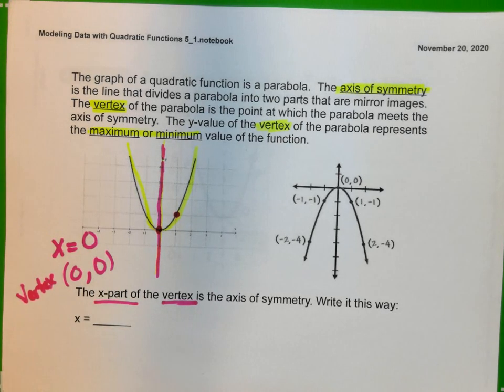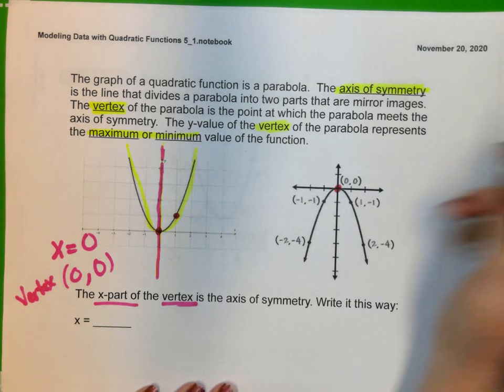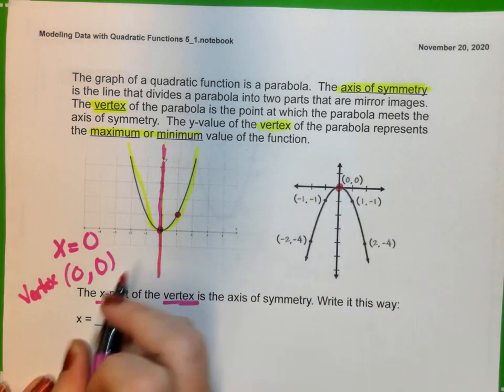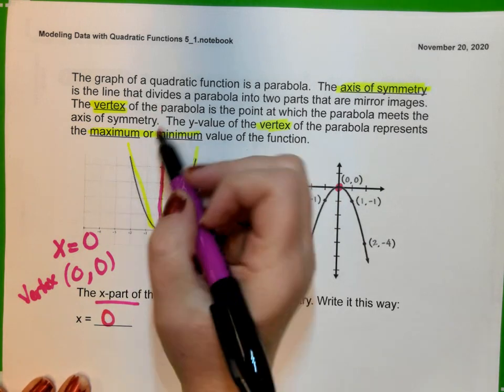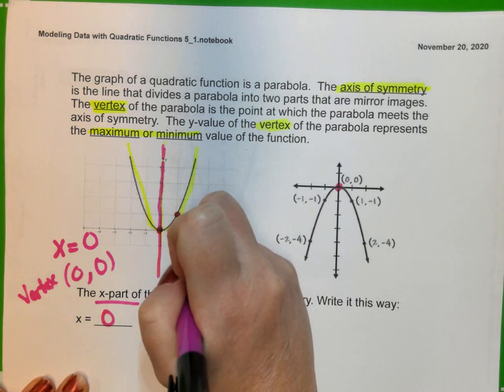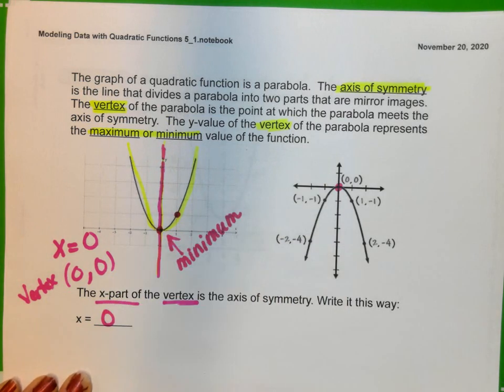So take a look at the second one here. You can see the vertex is right there. It also is at 0, 0. So x equals 0 is my axis of symmetry. Two different parabolas. This one opens up. This one has a minimum, because it has a point that is the lowest point.